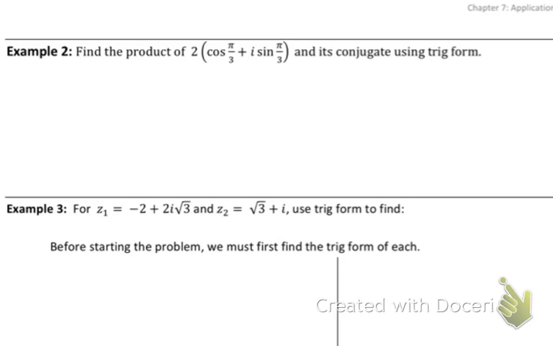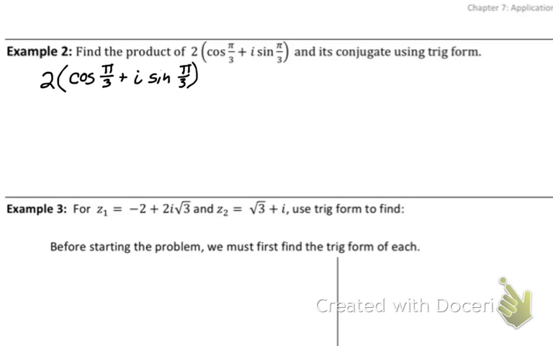So this is find the product of 2 times cosine pi over 3 plus i times sine pi over 3, and we're supposed to multiply that by its conjugate. So let's go ahead and do that. First thing I'm going to do is rewrite what I have. So I have 2 times cosine of pi over 3 plus i times sine of pi over 3.